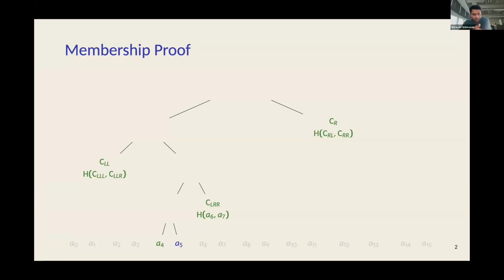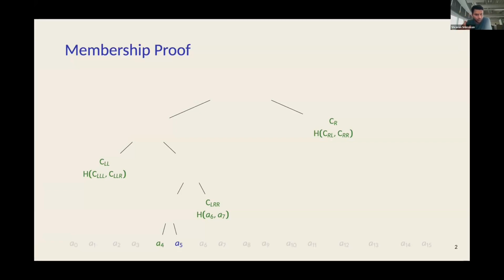Say, for example, you want to prove that A5 is a member of this Merkle tree. Then you would give out these specific values which are highlighted in green: A4, the commitment C_LRR, and so on, all the way to the top, which is C_R.